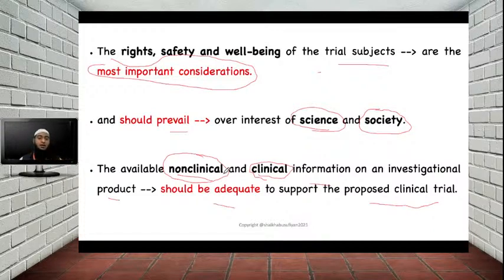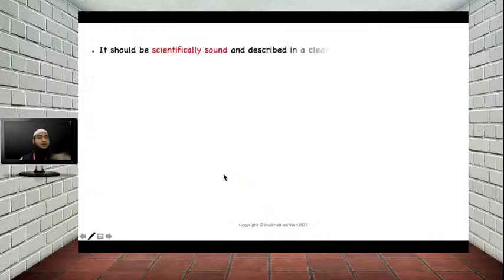So before the start, they can ensure that you have sufficient non-clinical as well as clinical information, which helps you in deciding whether to say yes or reject that particular protocol. Okay, so this is a very important guideline.